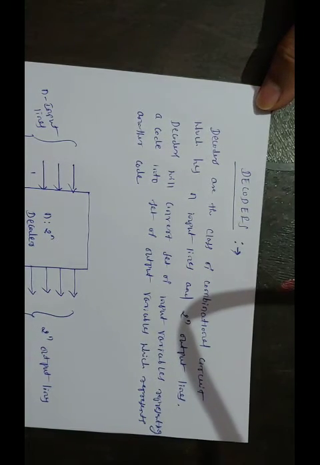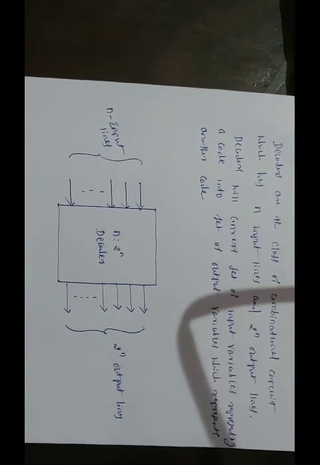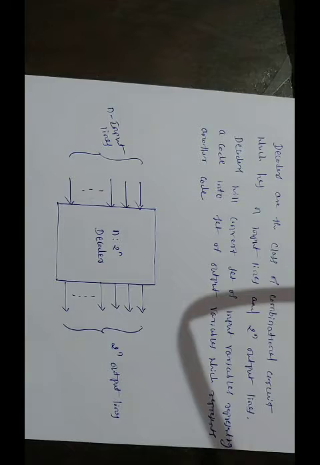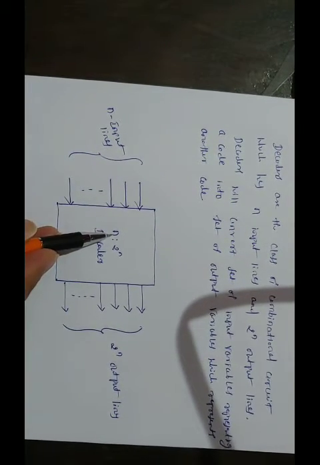So decoders are widely used in communication systems. At the transmitter side we have the encoder, and at the receiver side we have decoders. So this is the general definition of a decoder. Now I will choose n equal to 3.